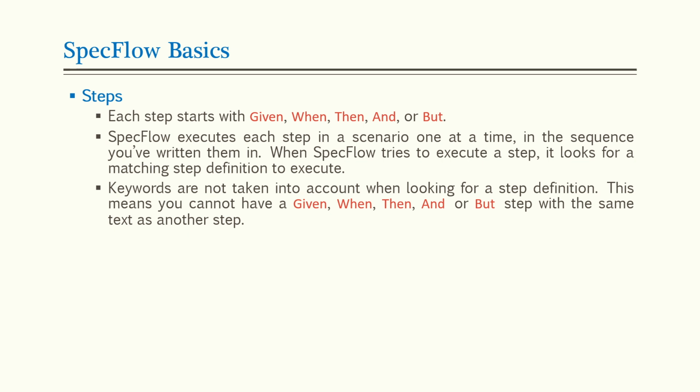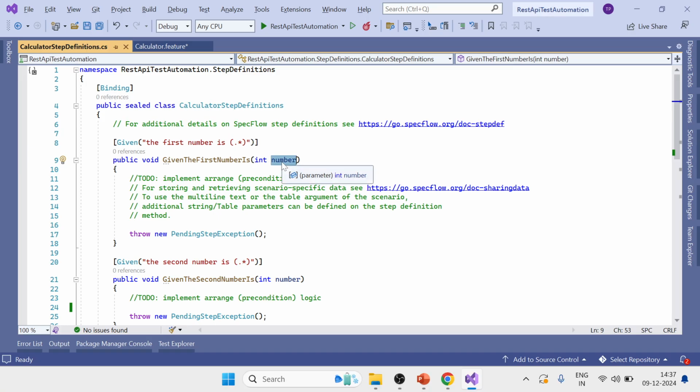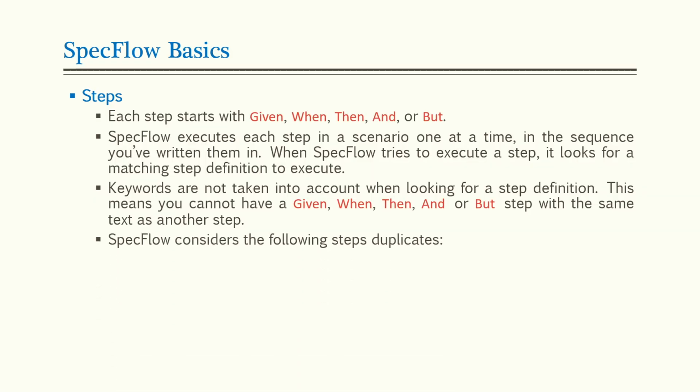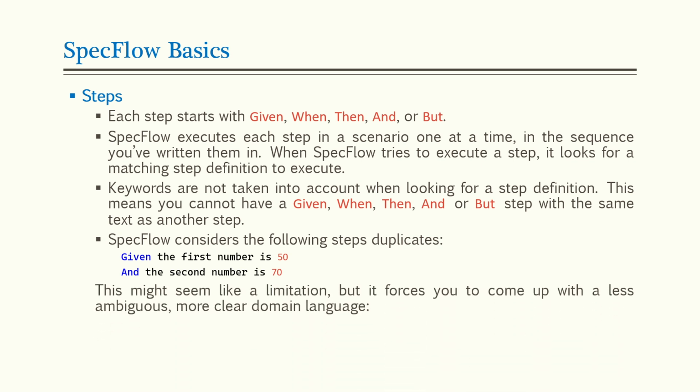Keywords are not taken into account when looking for a step definition. This means you cannot have a given, when, then, and, or but step with the same text as another step. SpecFlow considers the following steps duplicates: given the first number is 50 and second number is 70.